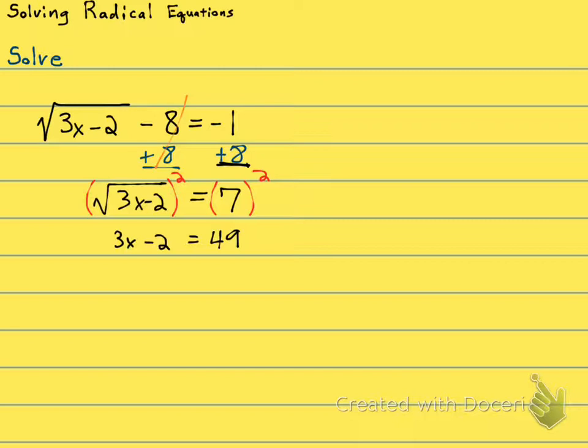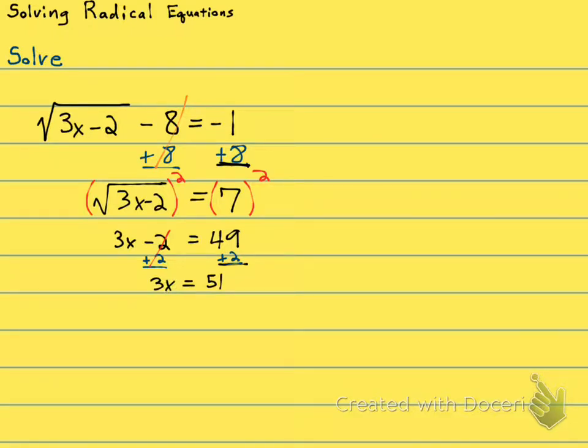Okay, to get that x by itself, we need to add 2 to both sides. On the left-hand side, we will have 3x equals. On the right-hand side, 49 plus 2 is 51. And now, one more step to get that grumpy old x by herself.